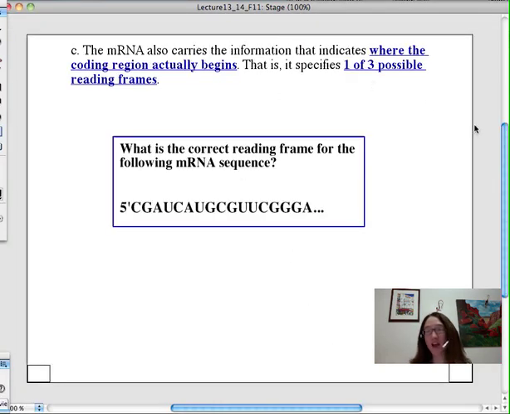So let's do this right and make better ribosomes and find the AUG start codon before we begin. So scanning down, nope, there it is. AUG sets the reading frame. So now all of the codons are read downstream of the AUG. So our second codon then would be CGU, our third UCG.